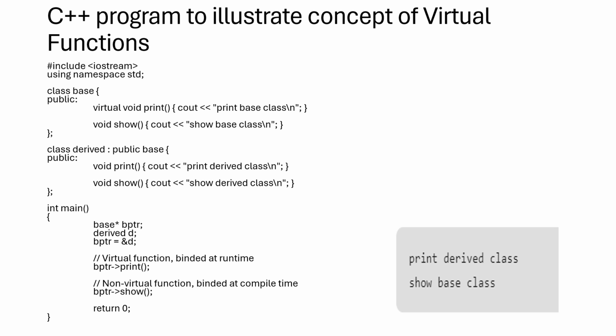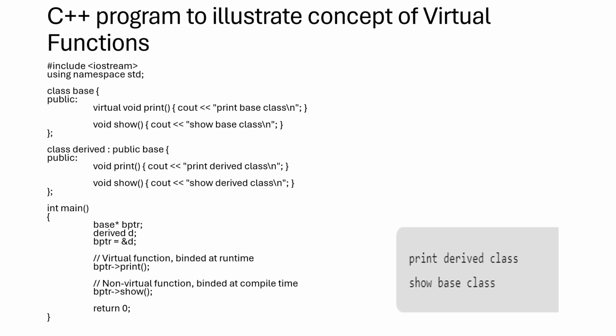Next, the virtual function is bound at runtime. So the base pointer calls the print function. Now what happens? As soon as the address of the derived class is assigned to the pointer, it automatically goes to the print function and prints derived class.